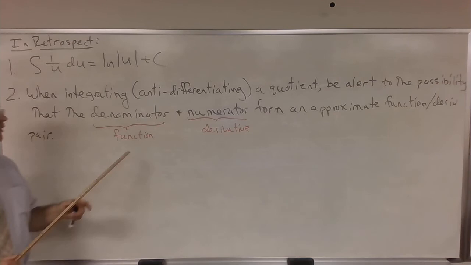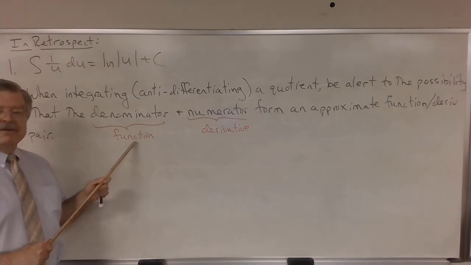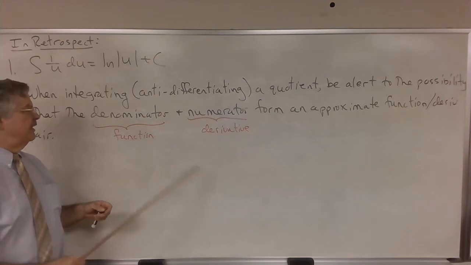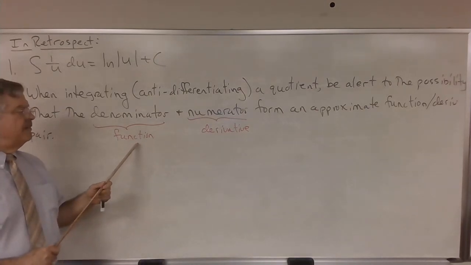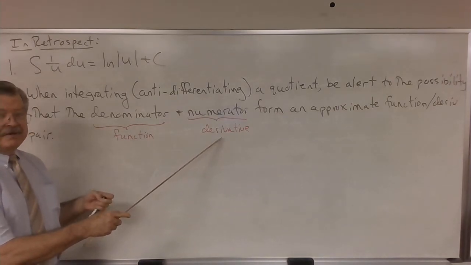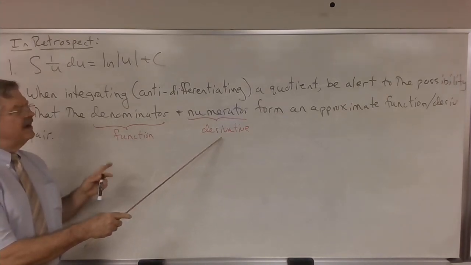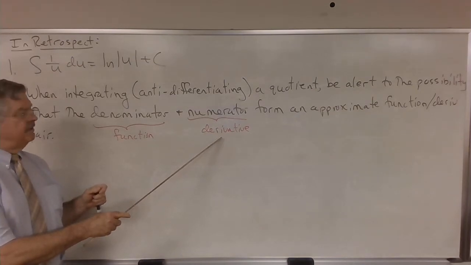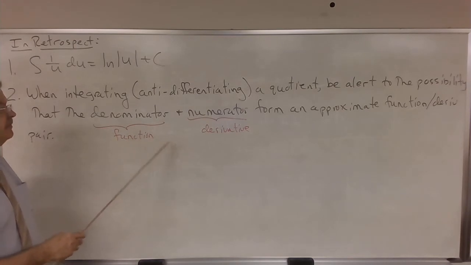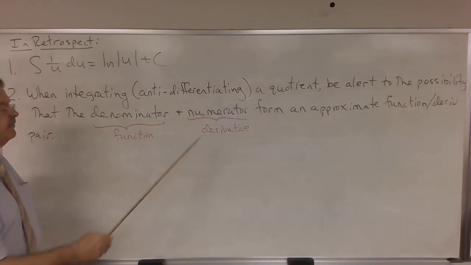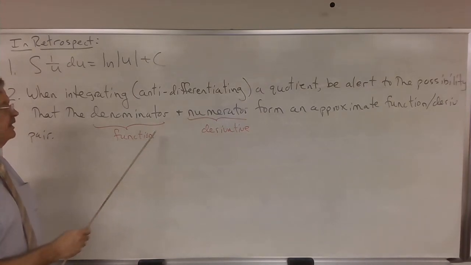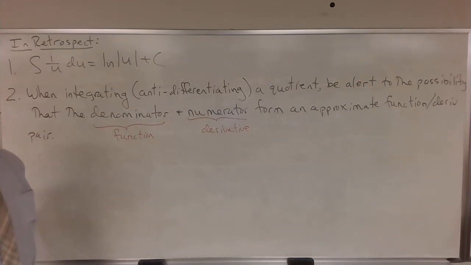Specifically, look for the case where the denominator is the function and the numerator is the derivative of the function, or a constant multiple of the derivative of the denominator. So denominator function, numerator derivative. Look for cases where the numerator is essentially the derivative of the denominator.